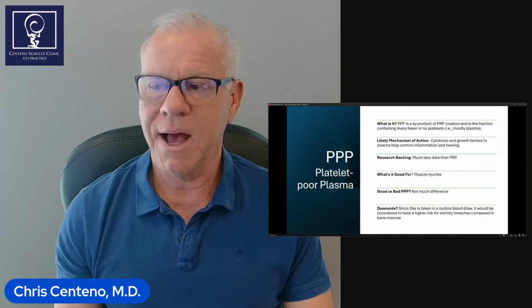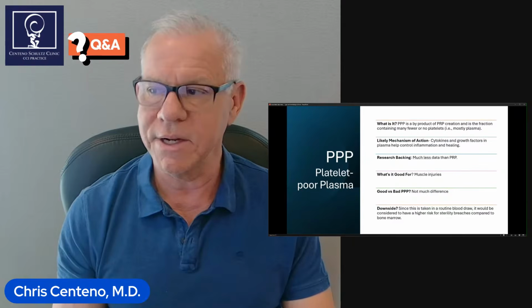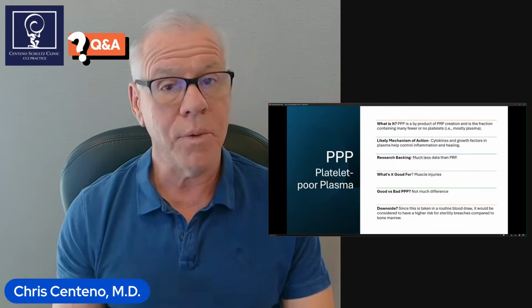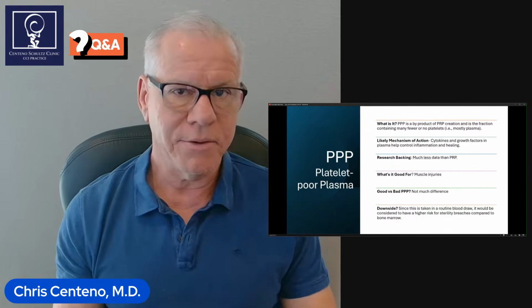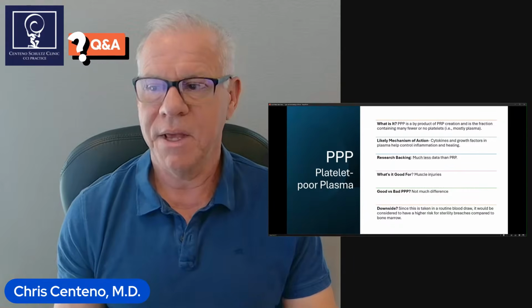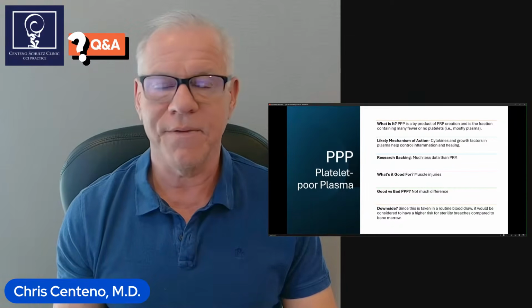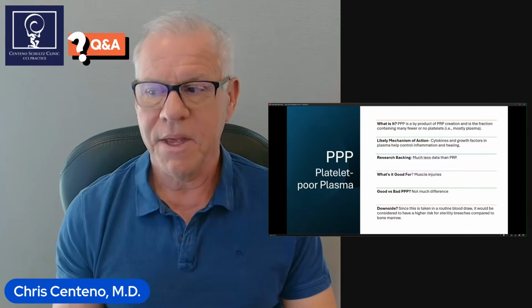Platelet-poor plasma, what is it? It's basically a byproduct of PRP preparation. That means it's the fraction you're left over with after you create PRP that doesn't have a lot of platelets, so it's really just plasma. The likely mechanism of action is cytokines and growth factors in the plasma that can help with inflammation and healing.